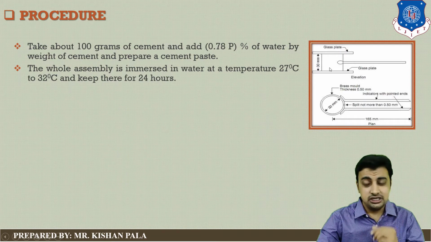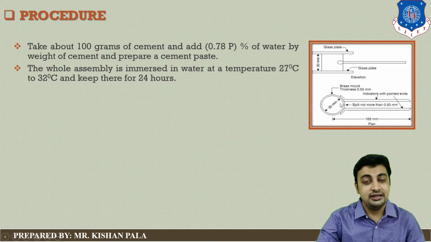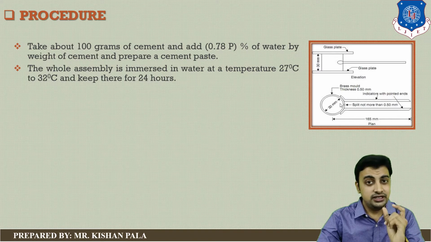You can see on your screen, this is the old arrangement of the Le Chatelier apparatus. This is the elevation view and this is the plan view, and this apparatus contains glass plates, and a height of 30 mm and 30 mm diameter is used for the dimension of the paste mass.